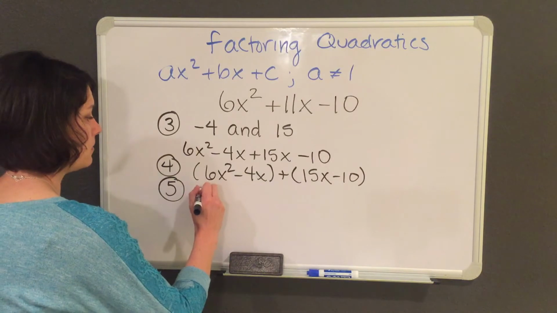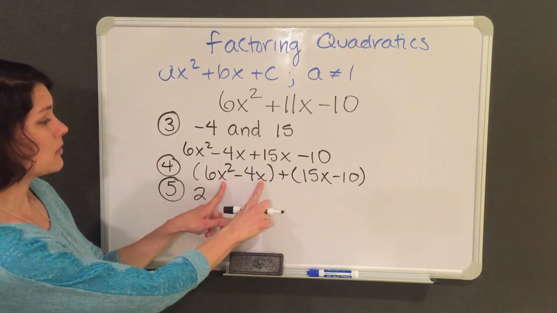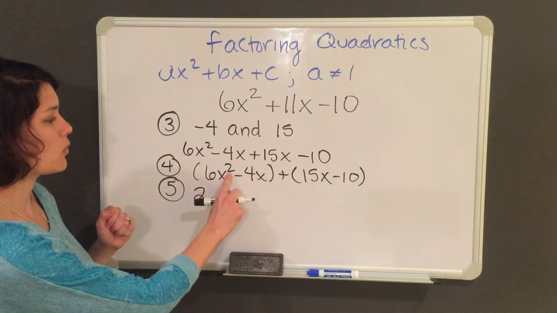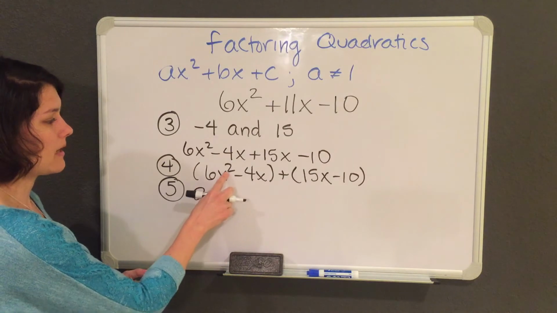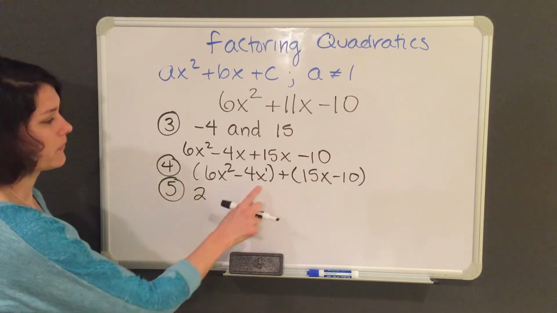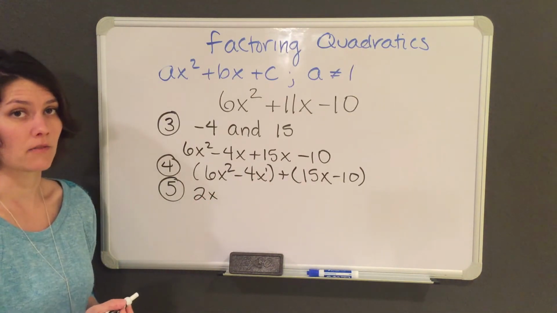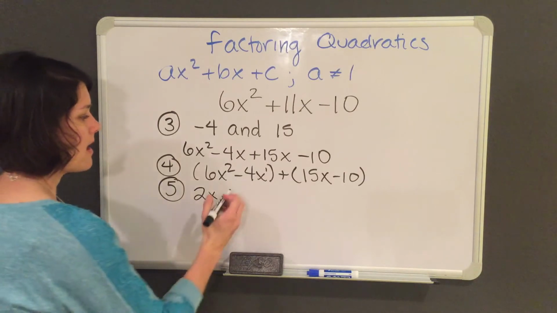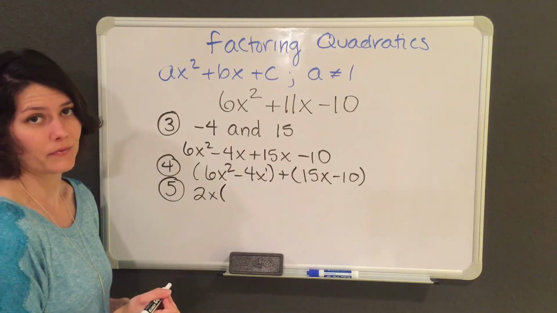So I'm going to take out a 2 and write it in the front. I also have variables involved. I have x squared and x, and the greatest common factor between x squared and x to the first is going to be its lowest power, which is x to the first power. So I will also take out an x to the first power. I will rewrite a parentheses, and I'm going to put what's left over.